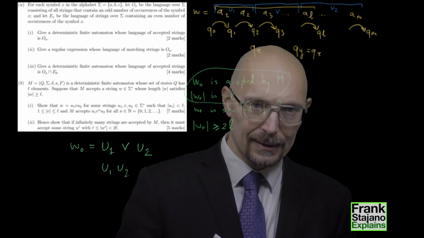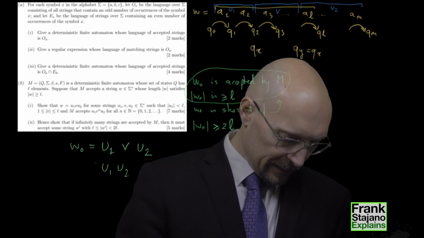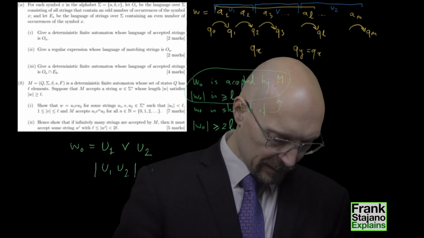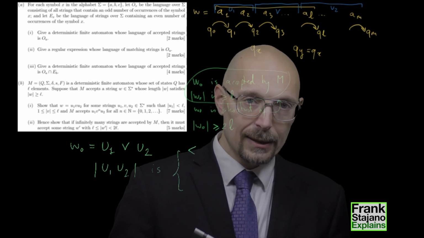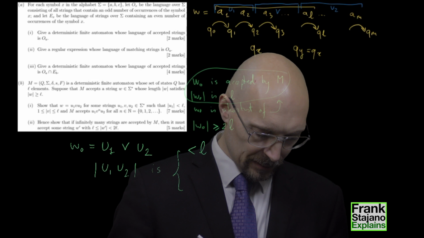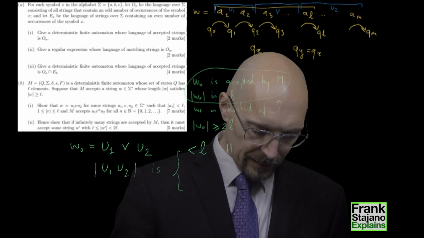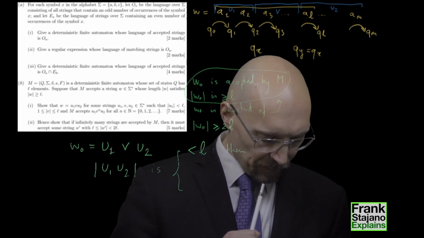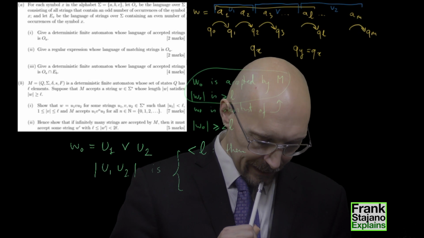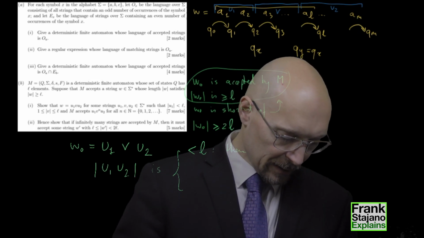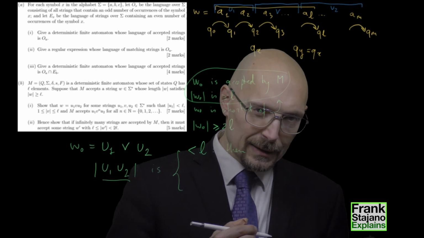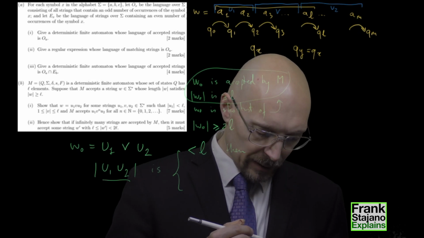Either this length is strictly less than L, then, if it is strictly less than L, so I said this is accepted by my automaton M.